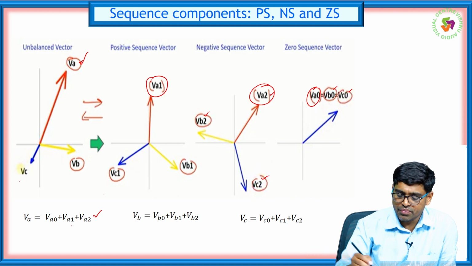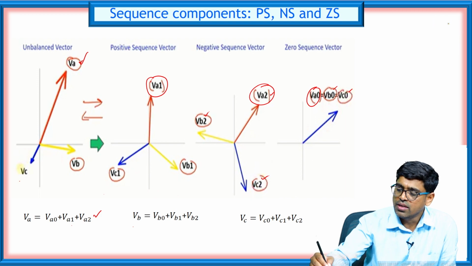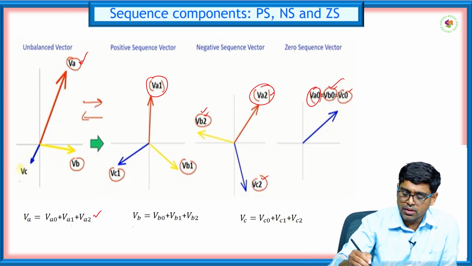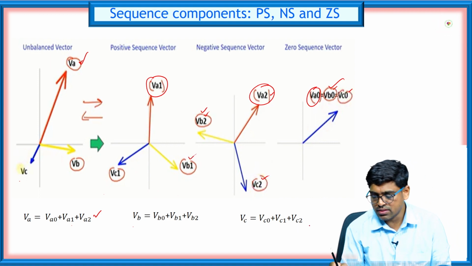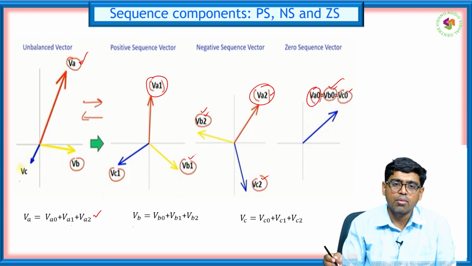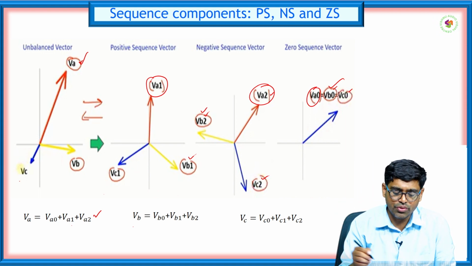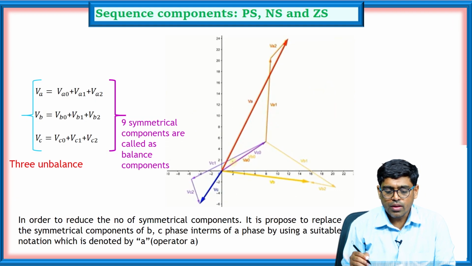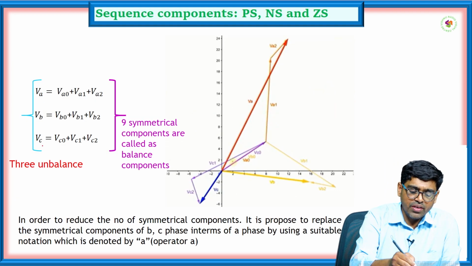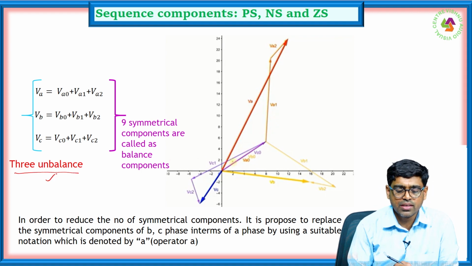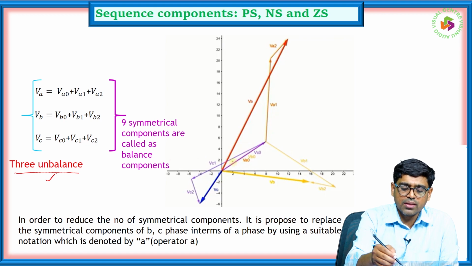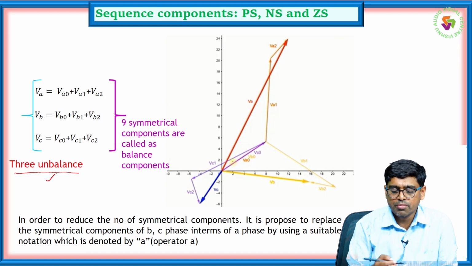Next, VB is also an unbalanced vector. VB is VB0 plus VB1 plus VB2, and VC is equal to VC0 plus VC1 plus VC2. So all these three components, positive sequence plus negative sequence plus zero sequence, we are adding. VA, VB, VC are the unbalanced vectors, and VA0, VA1, VA2 and the rest are balanced vectors, also called symmetrical components.